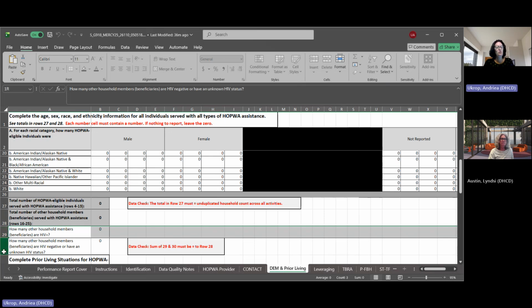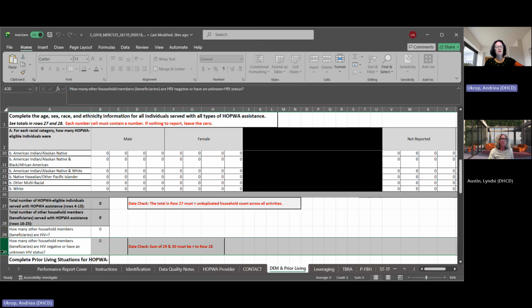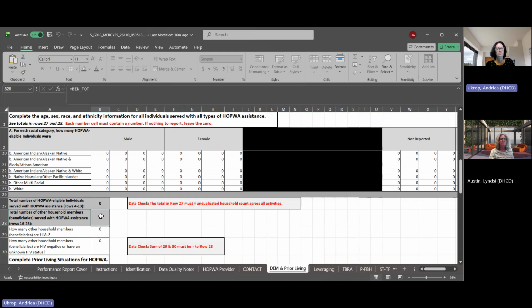How many household individuals are negative to HIV? So here it is going to subtract out, and you can see in the data section, the sum of 29 and 30 must equal the total number served here in row 28.